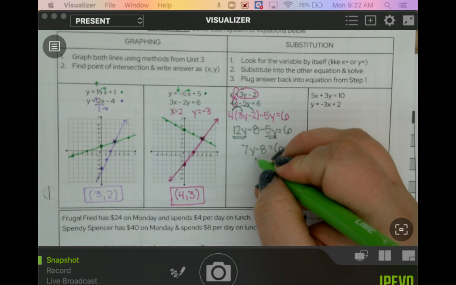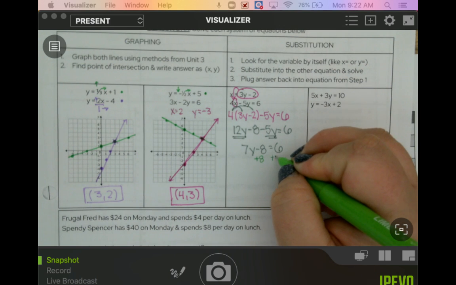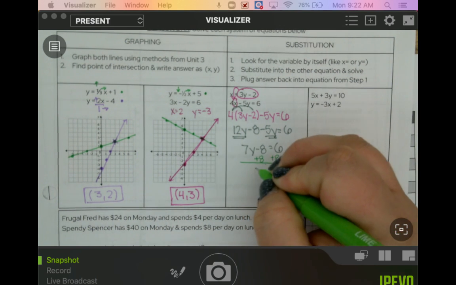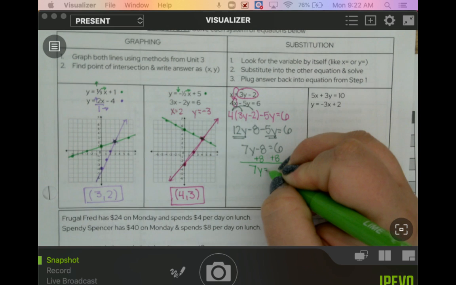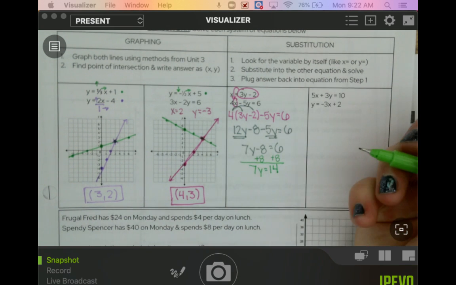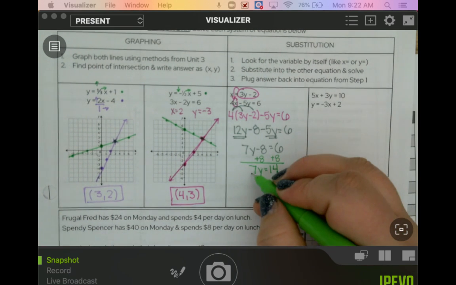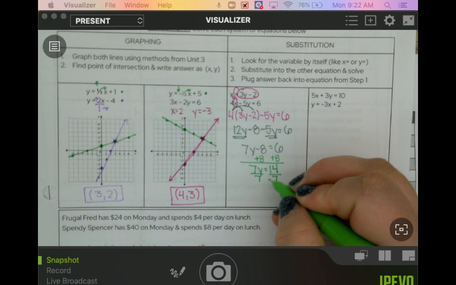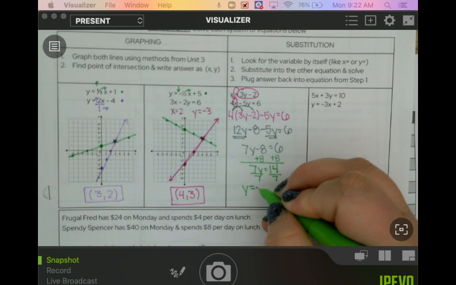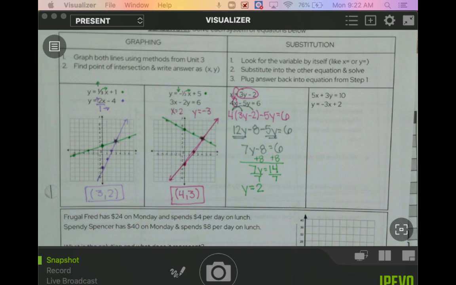Add the 8 to the other side. And divide by 7. And that's half of your answer.